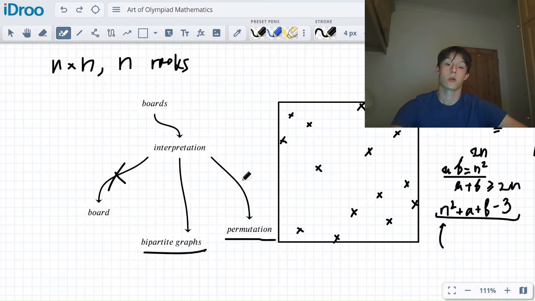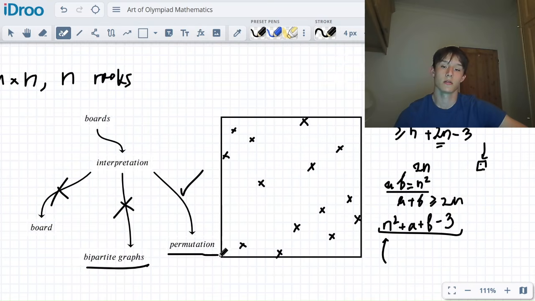Bipartite graphs are bad because they essentially ignore the order of columns and rows. If I swap these two, the graph won't change, but the answer might. This is a hint that bipartite graphs are not the way to go. So the only way left is permutation if we want to interpret this.